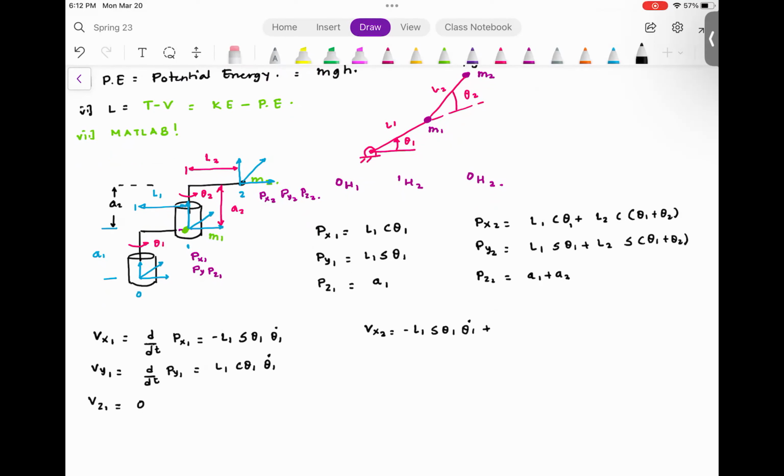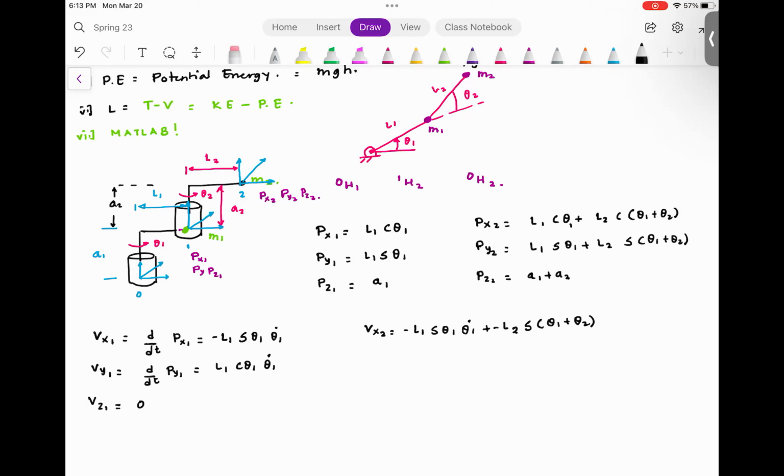this term. What I need to do is take the derivative of this, which will become L2 cosine becomes minus sine theta 1 plus theta 2, and then I need to take the derivative of the term which is in between.